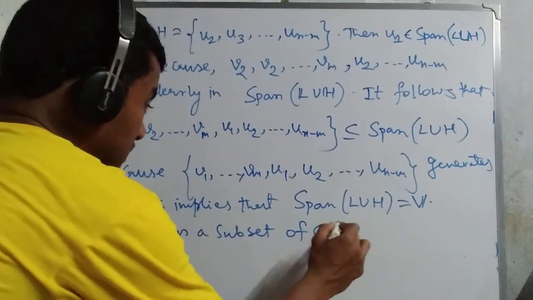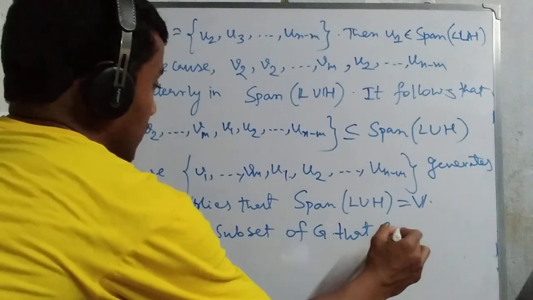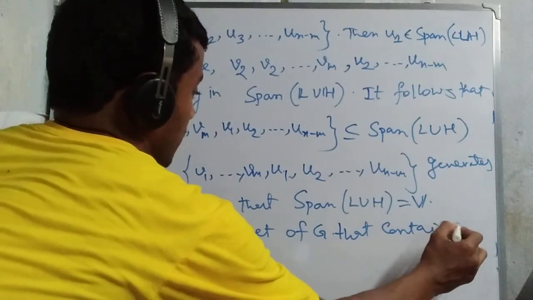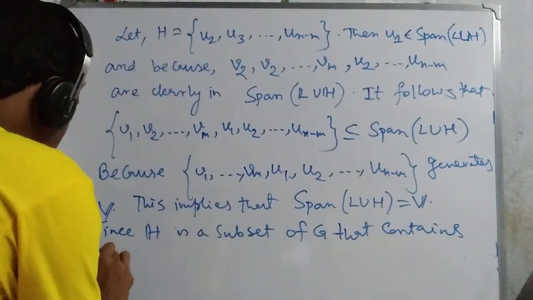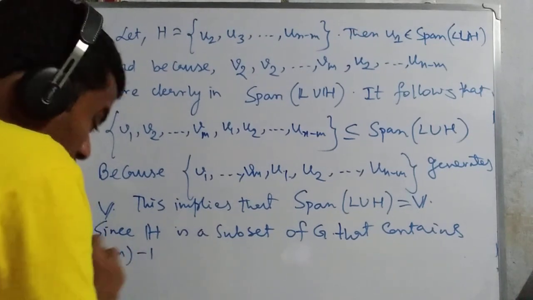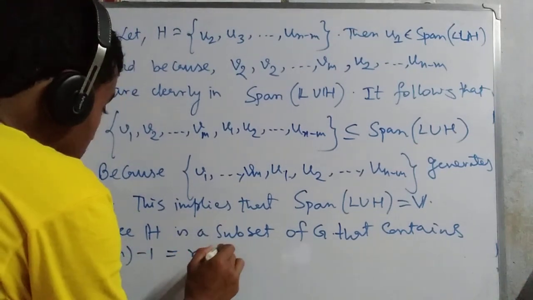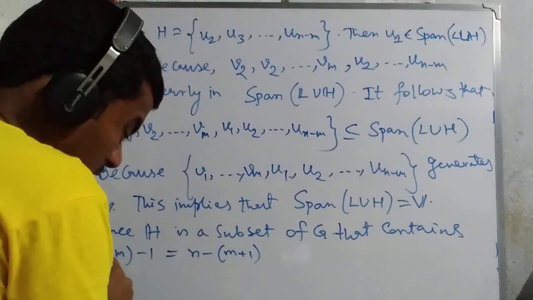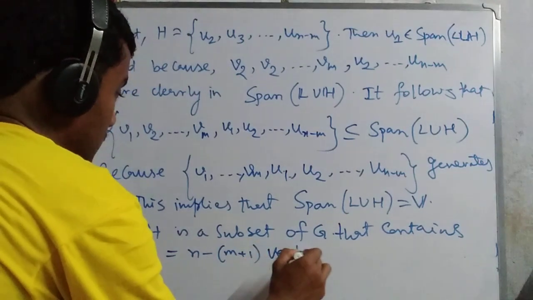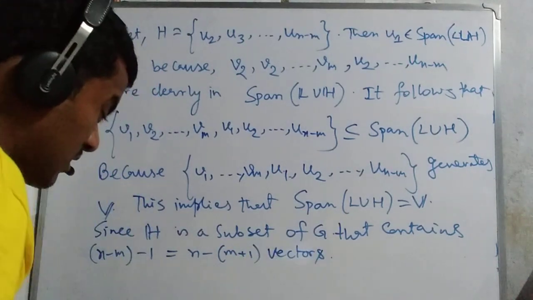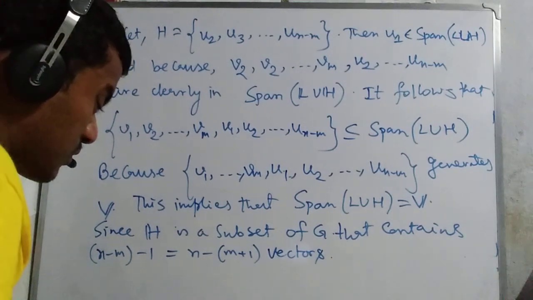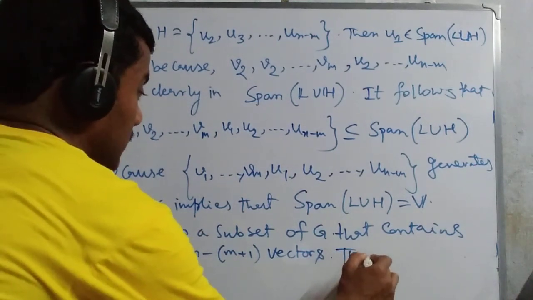That contains n minus m minus 1, equal to n minus (m plus 1) vectors. Understood? Then the theorem is true for m plus 1.